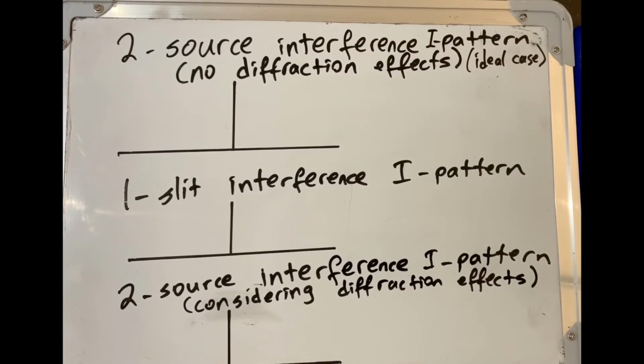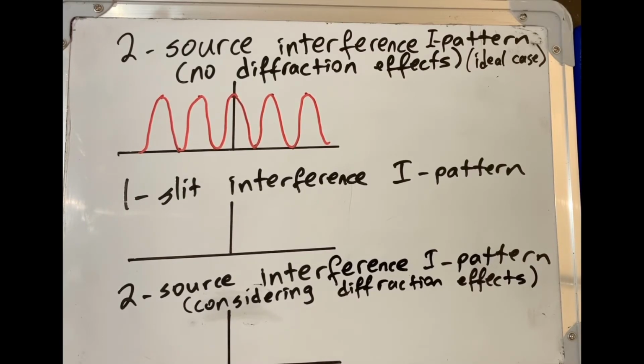First case, two-source interference intensity pattern with no diffraction effects. This is an ideal case, which assumes the two sources are point sources with no width at all. If this is the case, then you can draw an intensity pattern which looks like this.